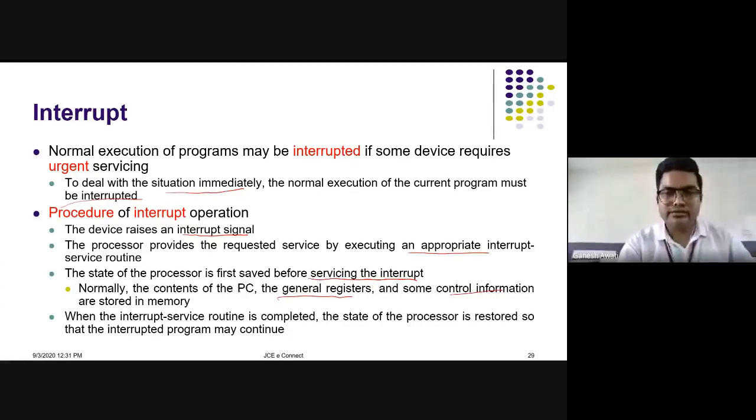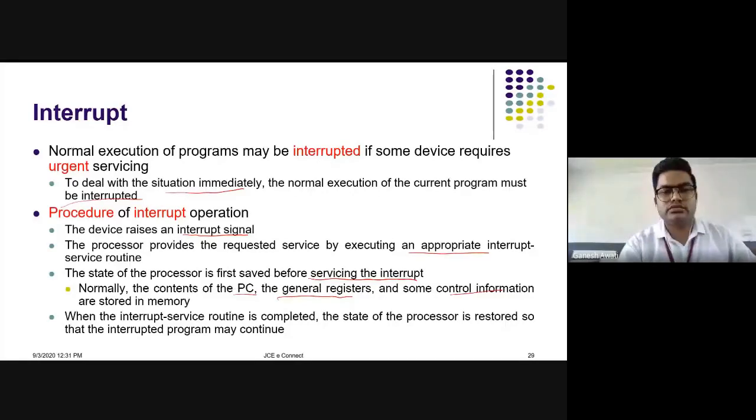Normally it stores the content of the program counter, which holds the next instruction to be executed, right? It also stores the content of the general registers, because if those registers are used by the interrupt service routine, the content will be overwritten, yes or no? So to keep that from being affected, you need to store the previous values.